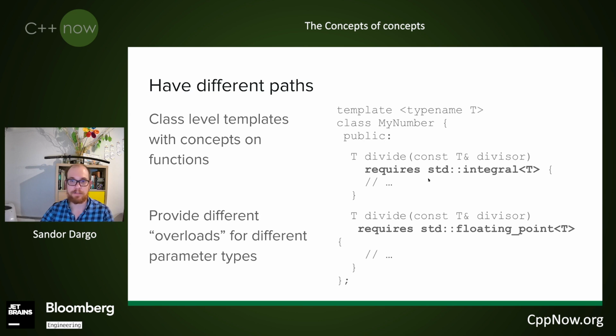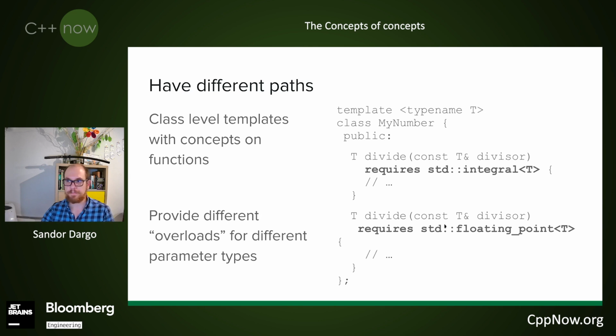I know this was possible already before C++20, but now you have a very easy way to do that, because you can simply say that this implementation requires that T is an integral or T is a floating point. So you can provide these different overloads for the different parameter types.